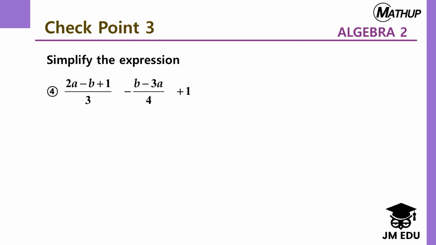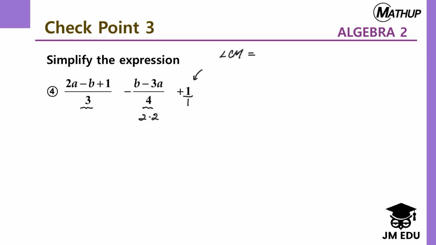Number 4, we have a denominator 3 here, 4 here. This number is not in fraction form, right? So let's change that into fraction form. 1 is just 1 over 1, right? So let's find the least common multiple of 3, 4, 1. 4 is 2 times 2, right?